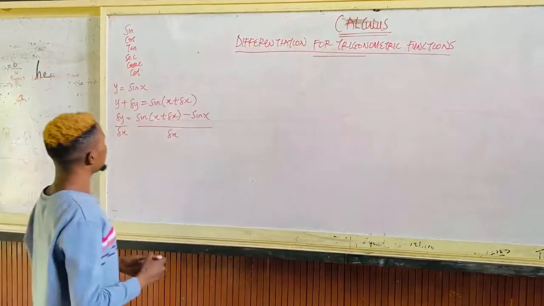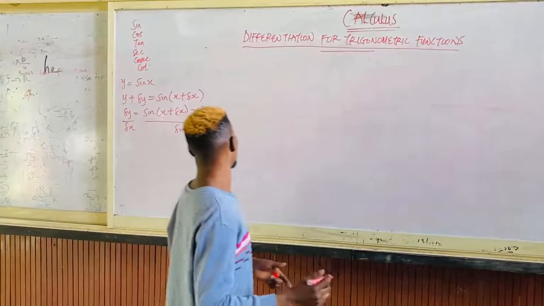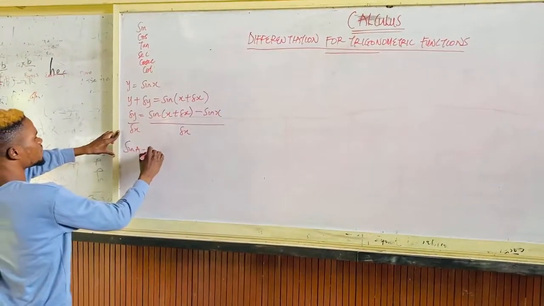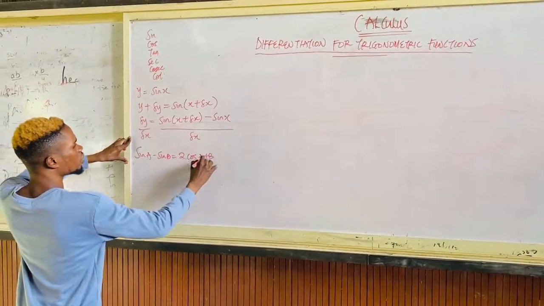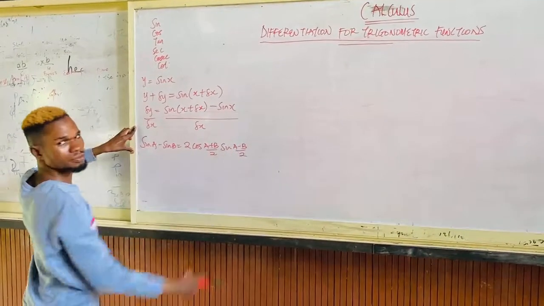Now remember from first principle, divide all through by del x. If you watch my video on trigonometry, you remember that sine a minus sine b is the same thing as 2 cos (a plus b) all over 2 times sine (a minus b) all over 2.